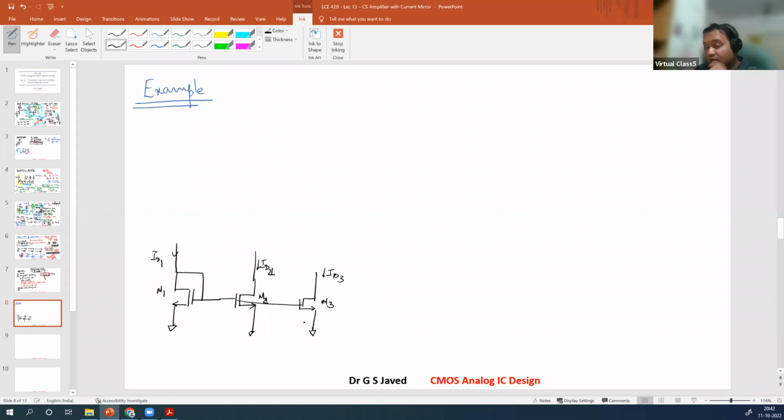Grounded, the value of the ground VSS is equal to 0. Now, what is the K factor? I'm going to say the ratio of this W by L is 5:1. Here it is 10:1. Here it is 25:1. So this is going to be the W over L that we have mentioned here.